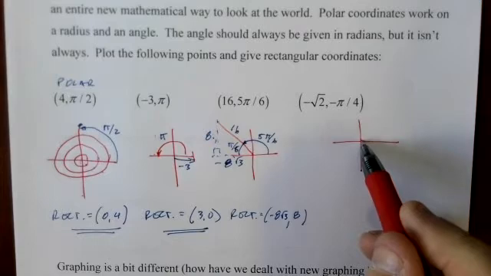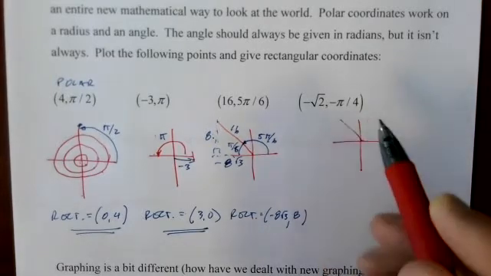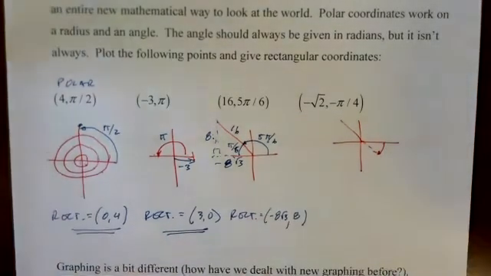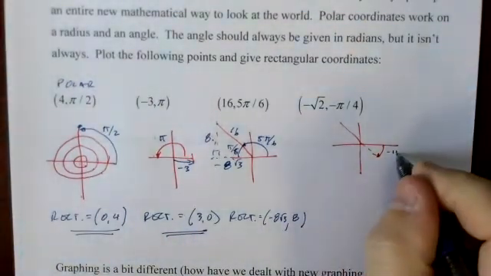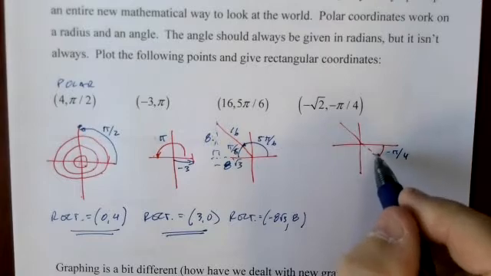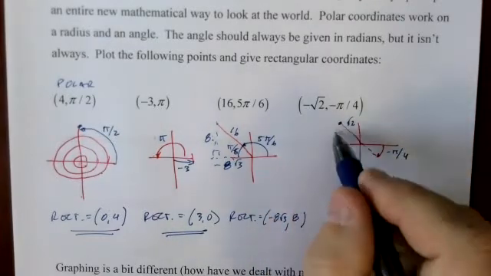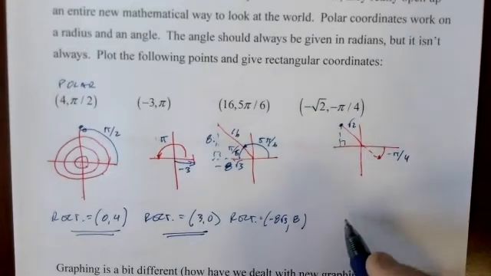Negative pi over 4, so we're down here. Negative root 2, so we go this way. So that's negative pi over 4. But we went the other direction. We're up here. This is root 2 long. I don't care that it's negative. It's a 45, 45, 90.